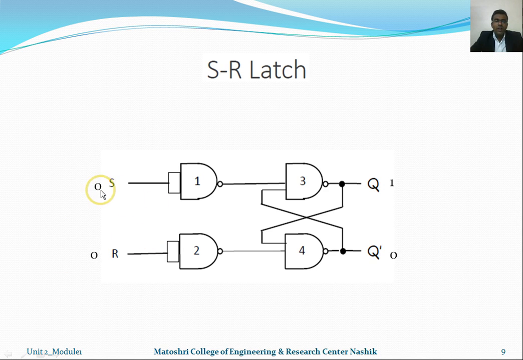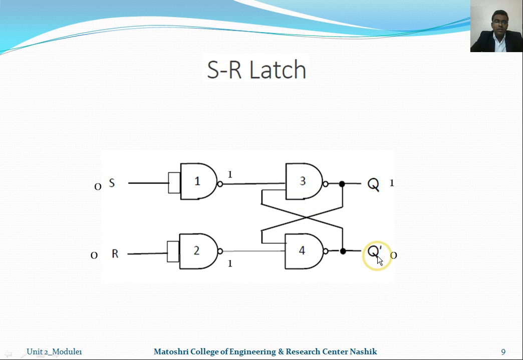For S equal to 0, both inputs of the first NAND gate are 0, so it generates 1 as the output, which is connected to the input of the third NAND gate. Similarly, for R equal to 0, the second NAND gate produces 1, so the input of the fourth NAND gate becomes 1.